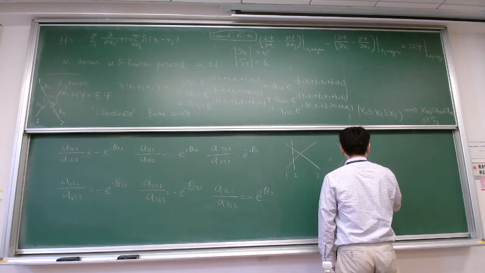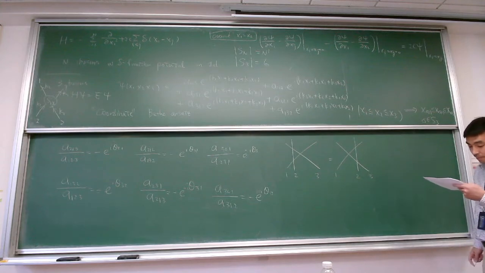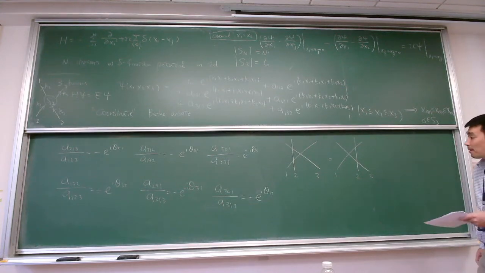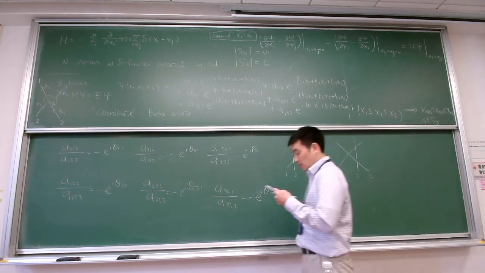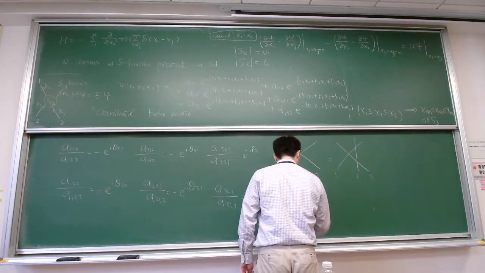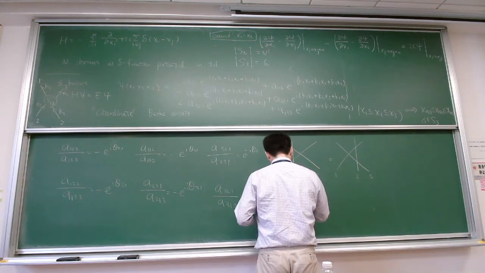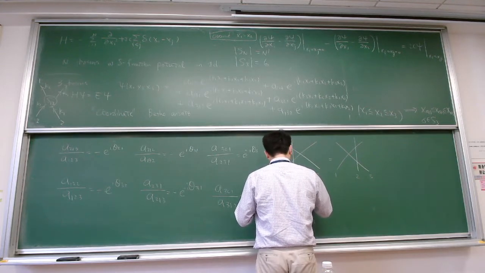You should have this relation. Which means that A(1,2,3) goes to A(2,1,3), and then you have A(2,3,1).